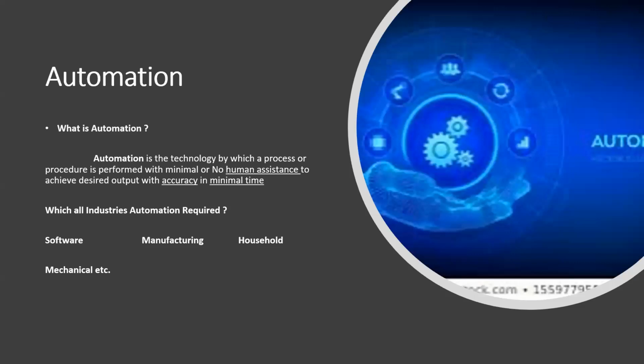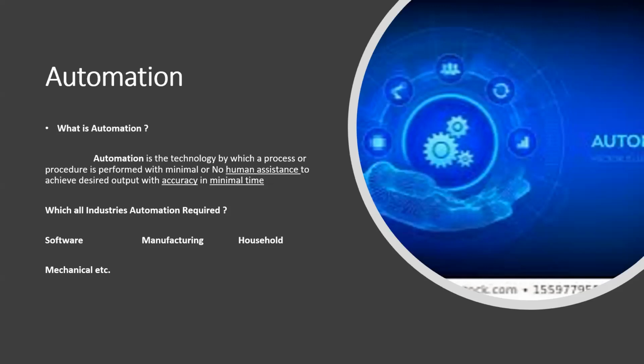Let's define what exactly automation is. Automation is a technology by which a process or a procedure is performed with minimal or no human assistance to achieve the desired output in the actual time.